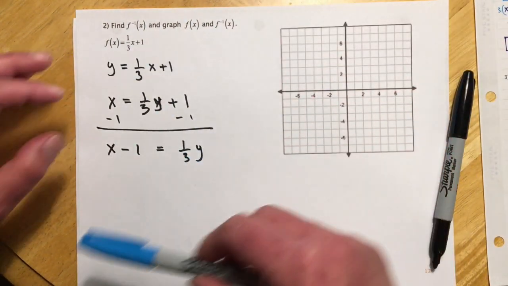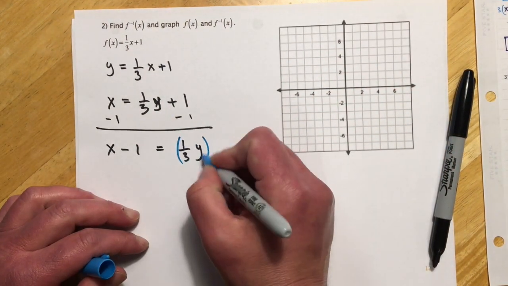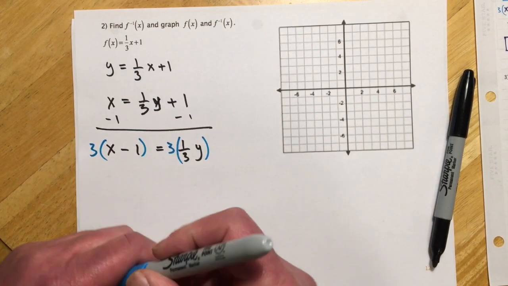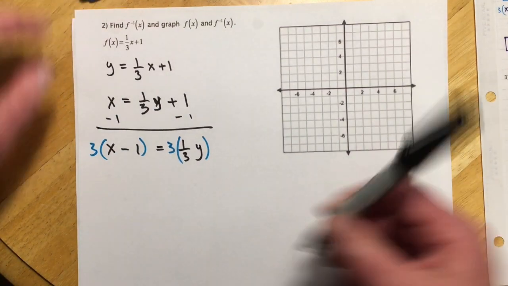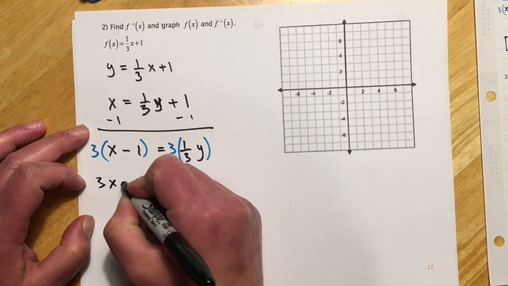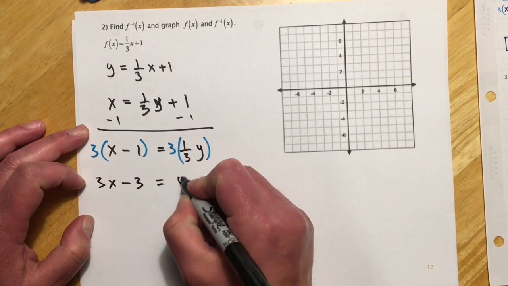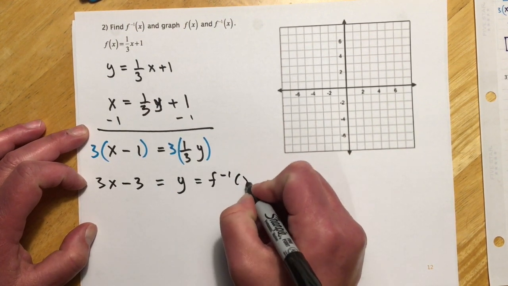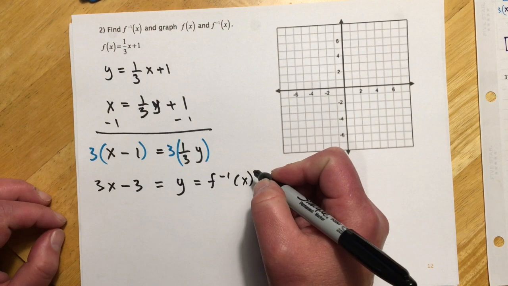And then the best way to get rid of that 1/3 is to multiply by 3. So that'll be 3x minus 3 equals y, or f inverse x. So that's the first thing we're supposed to find.